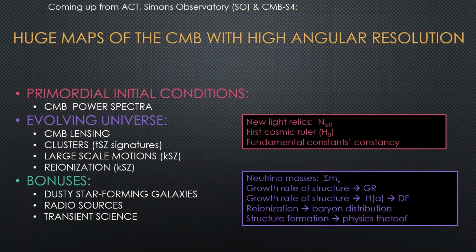Yeah. So when you have huge maps of the CMB made with high angular resolution, which you can do from telescopes that are large, on the ground, then you can do a number of things. You can make even better measurements of the primordial power spectra, so the initial conditions.